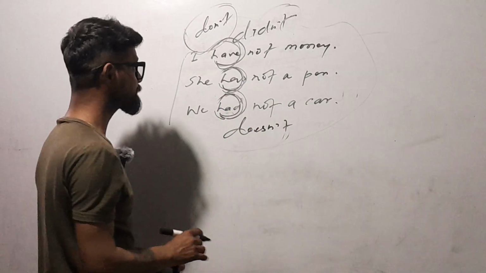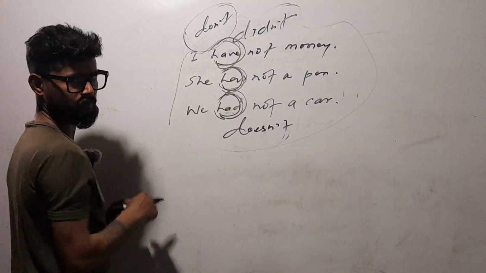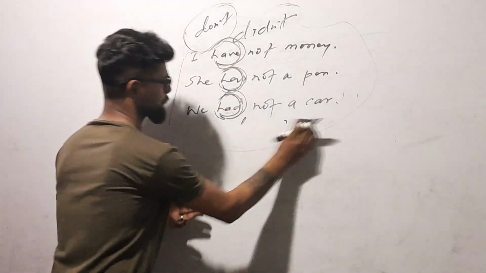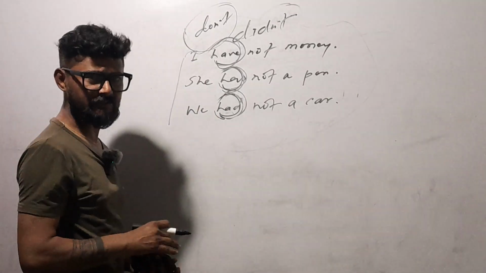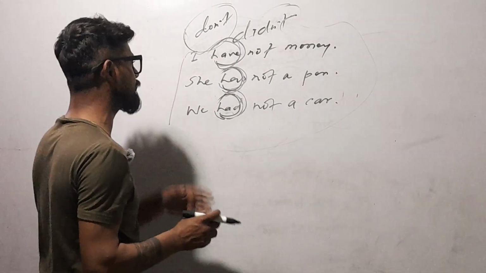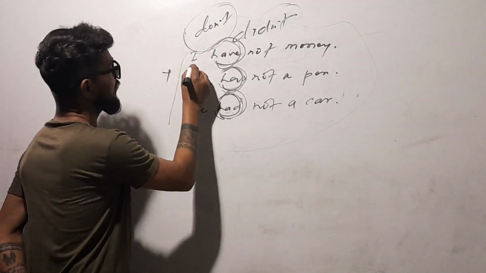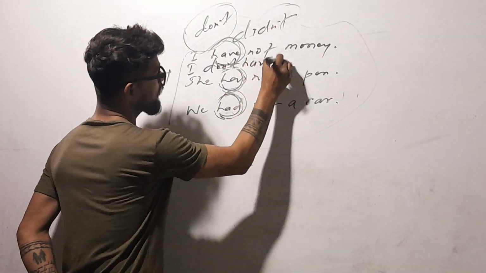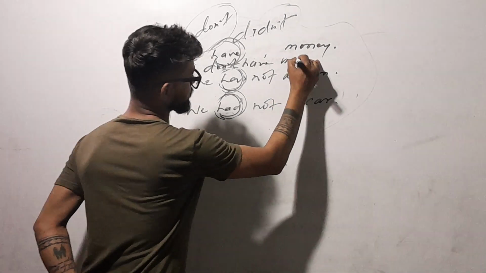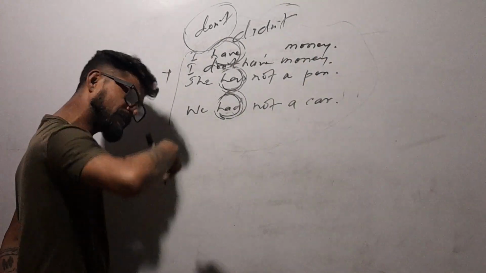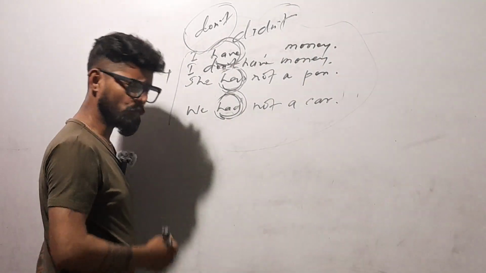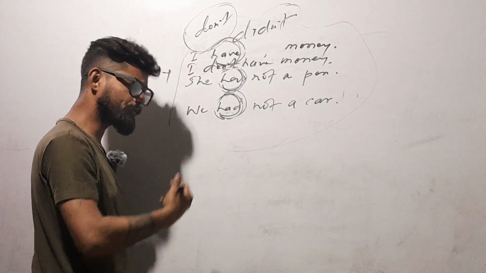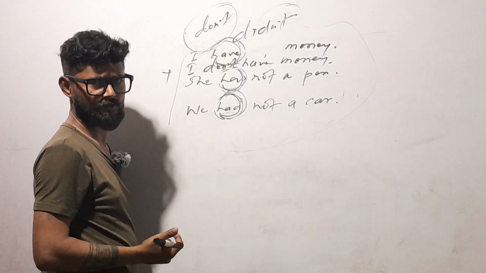Right? So here, when we change these sentences into negative, then I don't have money. We must use here don't. We must use here doesn't. We must use here did.